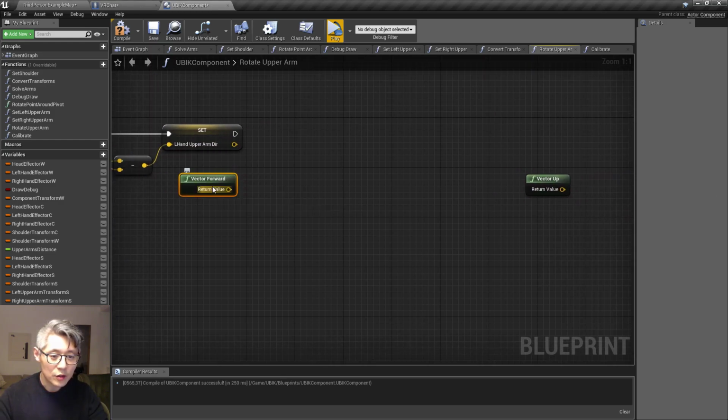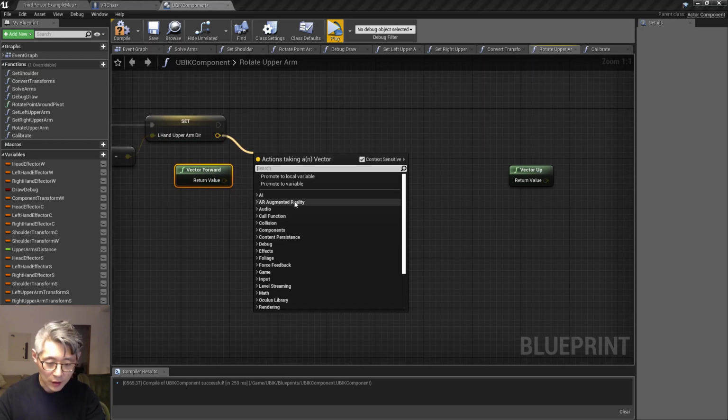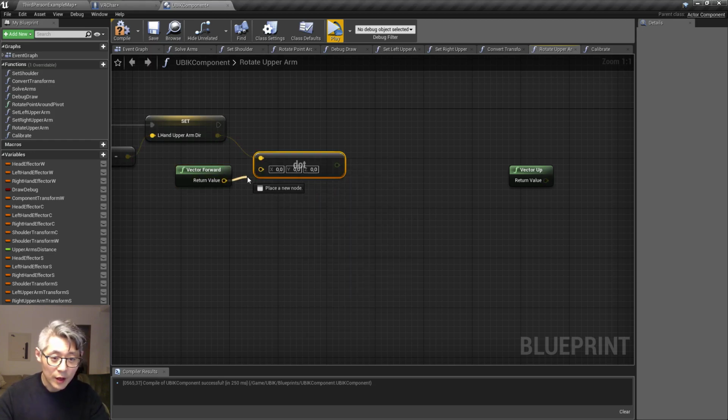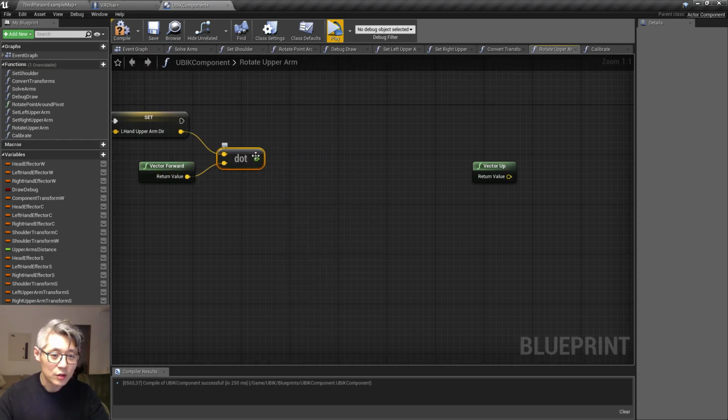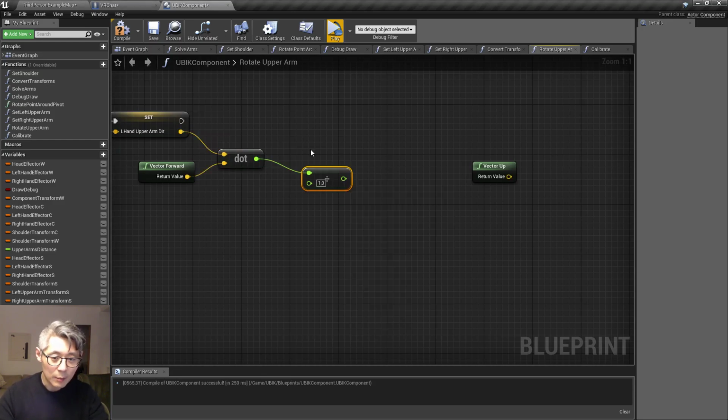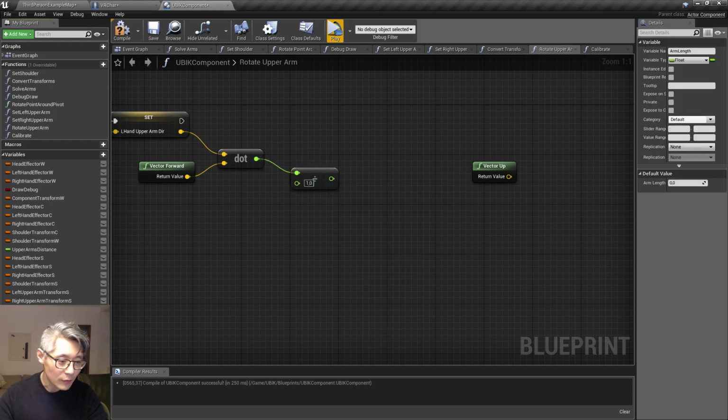What we are going to do is dot product these two against each other to get an angle, sort of. But since we divide this by the arm length, which we just derived from the height, so this is divided by the 60, depending on how long arms you have, this is going to give us a ratio.